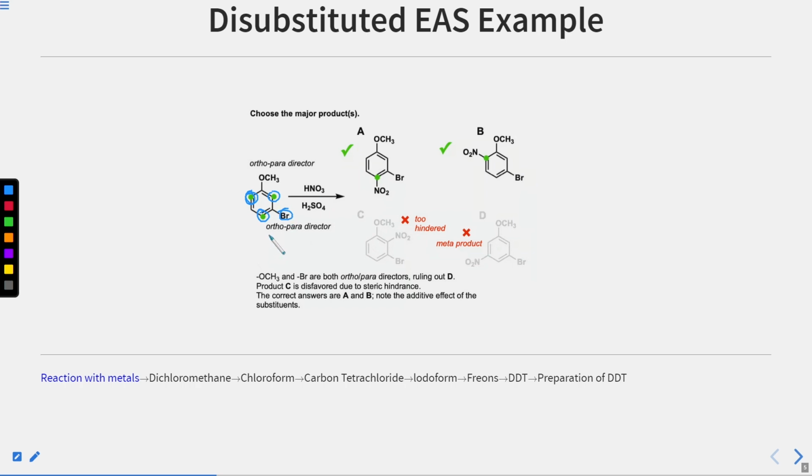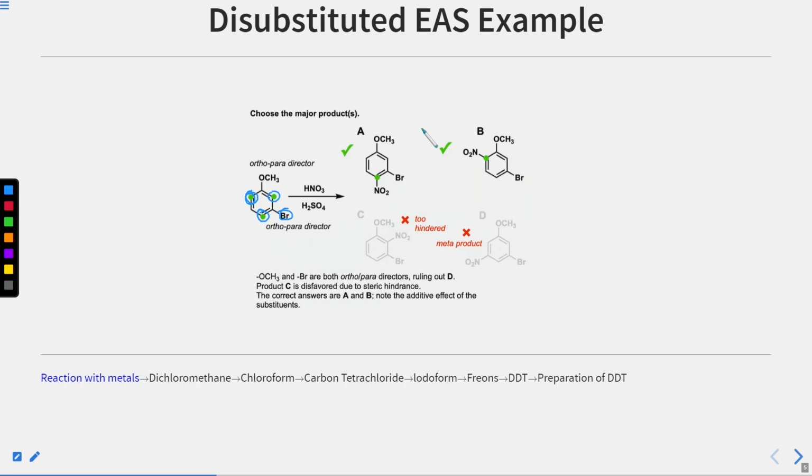This is only the electronic effect that can be expected, because electron density has been increased on these three points due to the plus R effect or the plus M effect, because the lone pair will resonate and make this ring ortho-para enhanced. Similarly, this Br lone pair also will do the same.